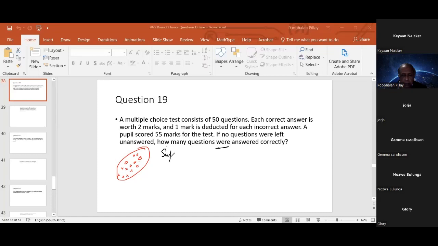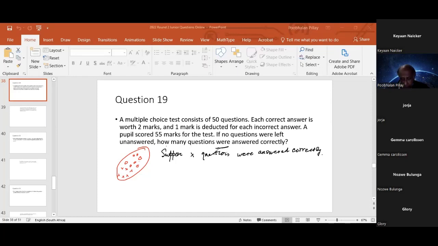Suppose X questions were answered correctly, and now we try to work towards an equation involving X so we can solve for it. We were asked how many questions were answered correctly.